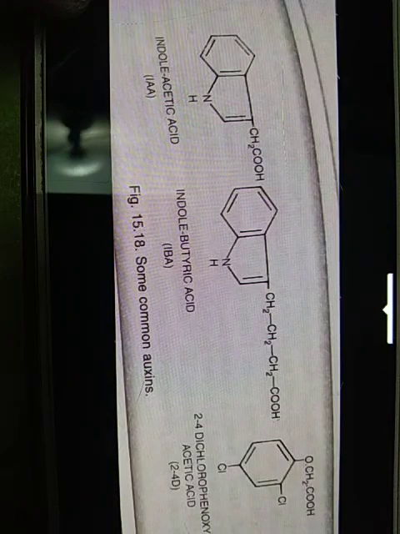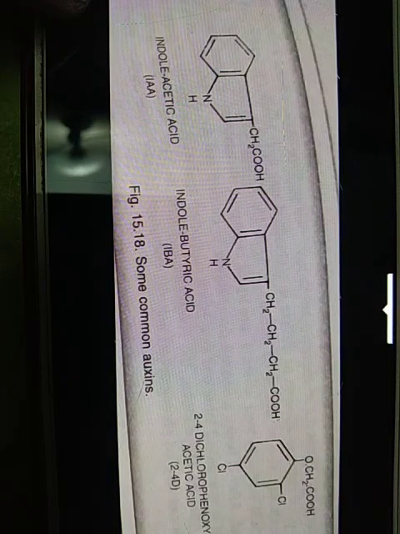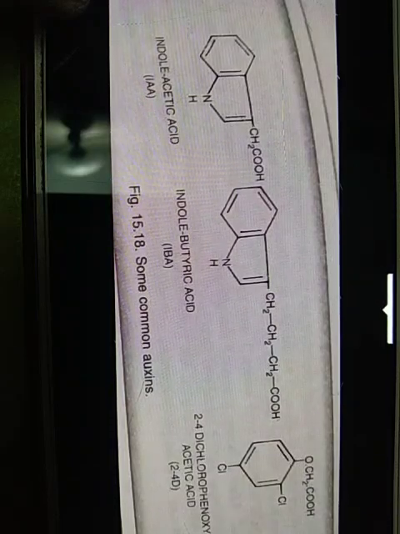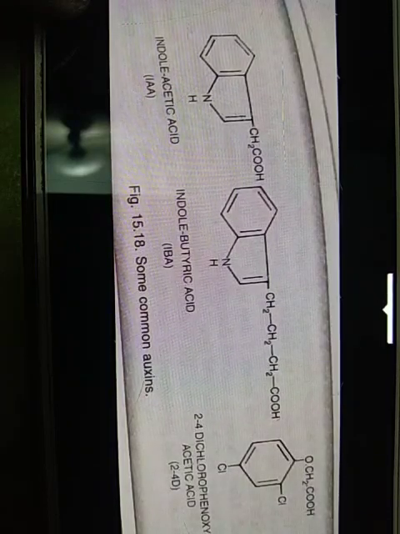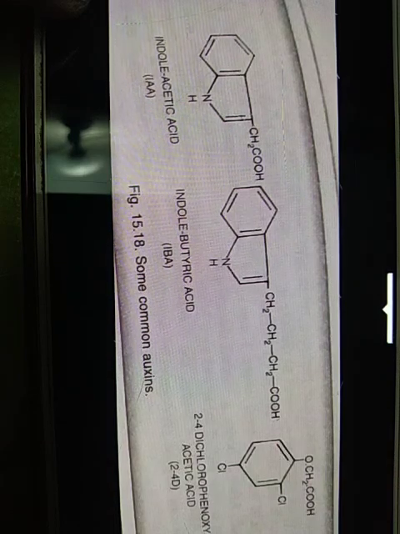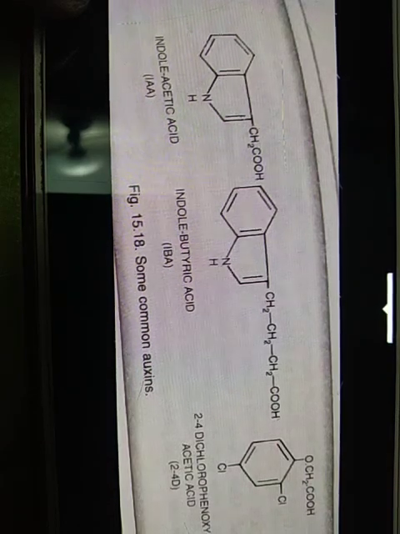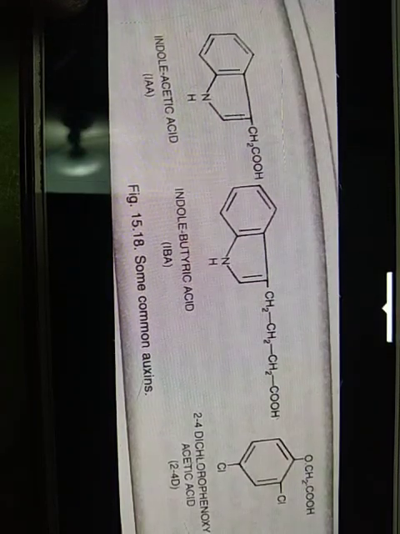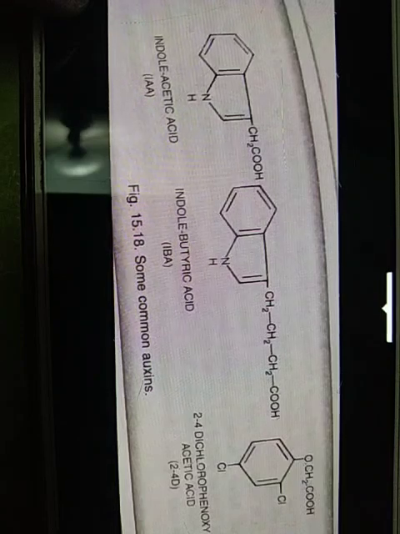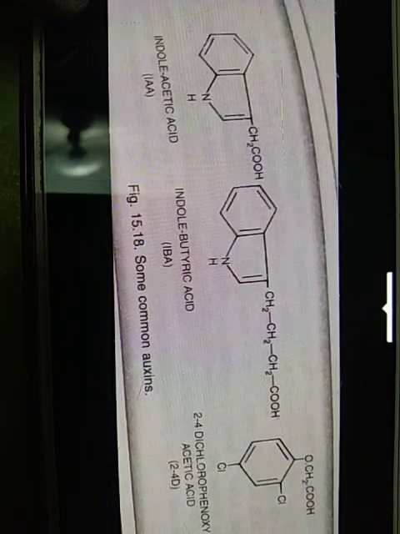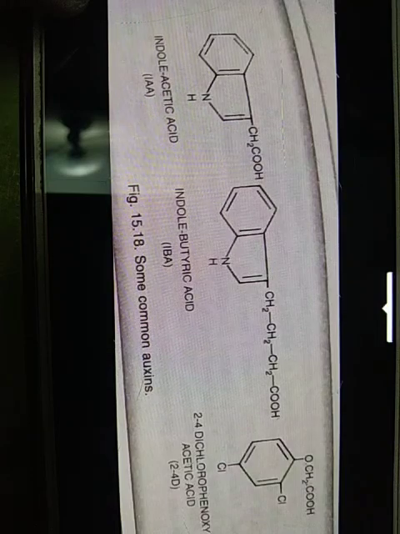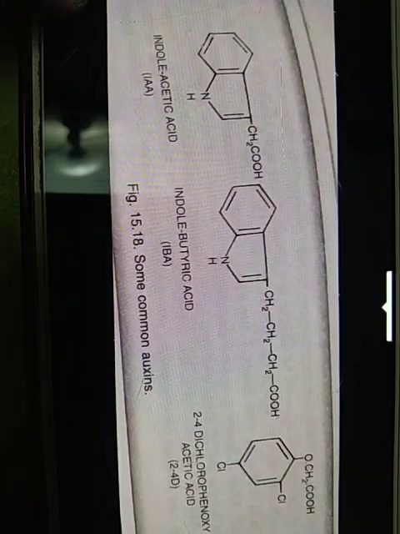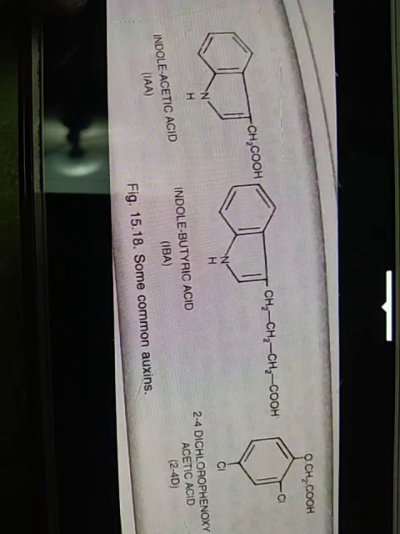For example, indole acetic acid aspartic acid, indole butyric acid alanine, indole acetic acid myoinositol, indole acetic acid glucan, and indole acetic acid glycoprotein. Bound auxin is believed to be hormonally inactive, being meant for storage and protection against degradation.